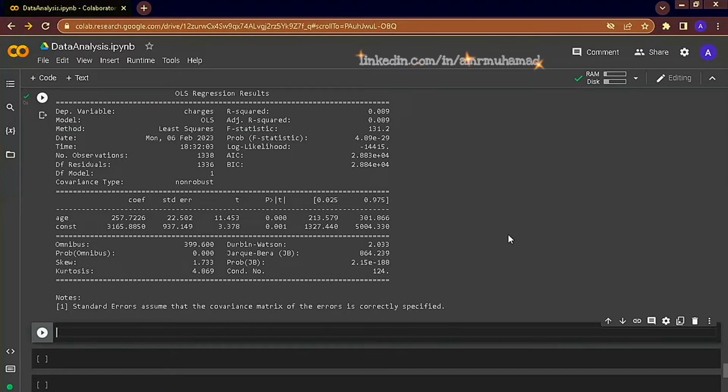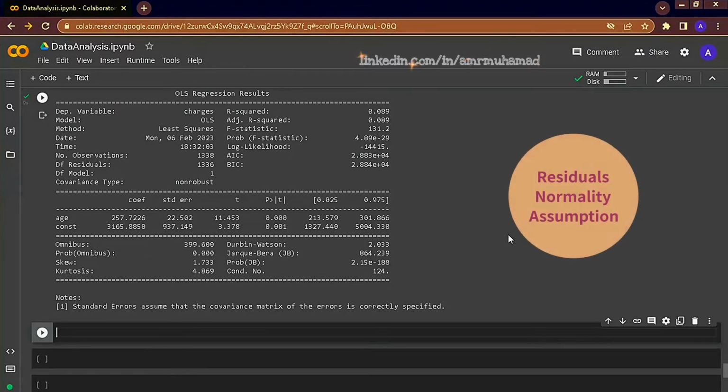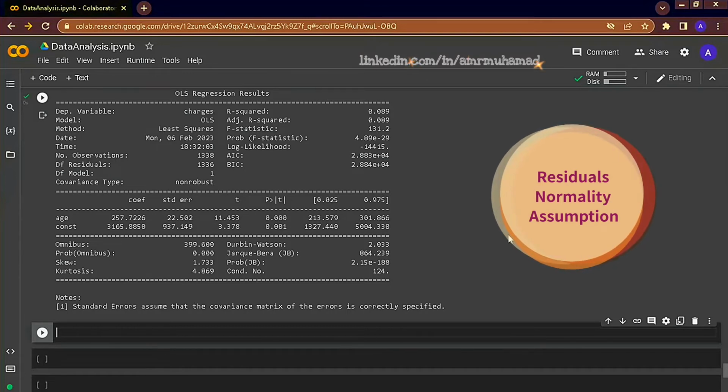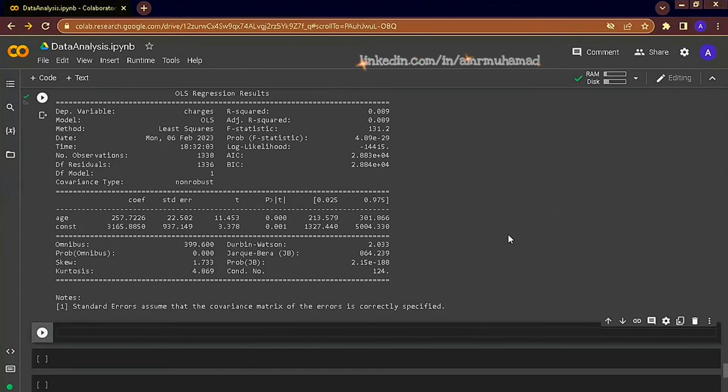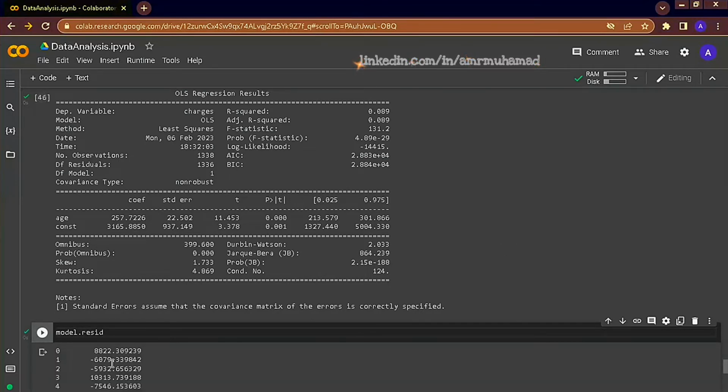Another assumption regards the residuals. We have discussed that residuals are the difference between the expected or predicted value and the actual value, and we can extract the residuals from the model. So we say model.resid, and it spits out the differences between the actual and the predicted value.